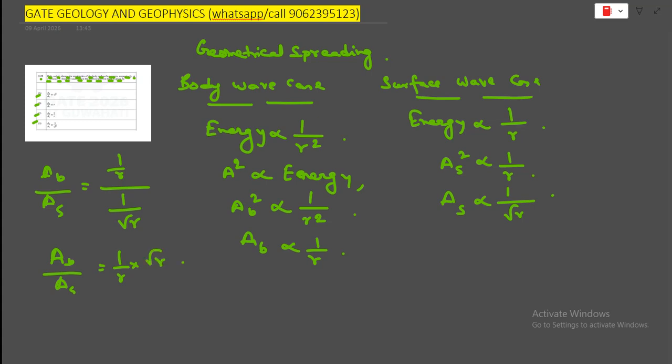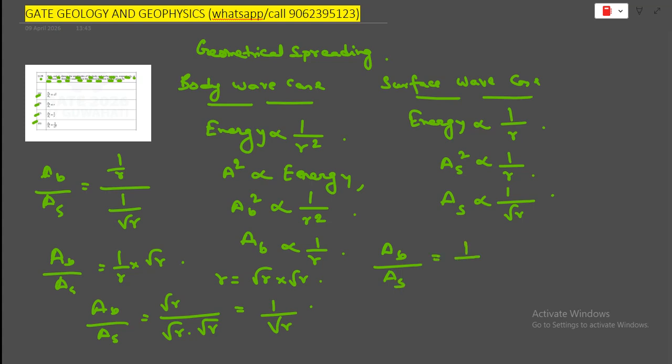Now we know that r is just root r into root r. So AB by AS will be root r by root r into root r. That is 1 by root r. So the result is AB by AS is equal to 1 by root r. Option number D, yes, option number D is our answer.